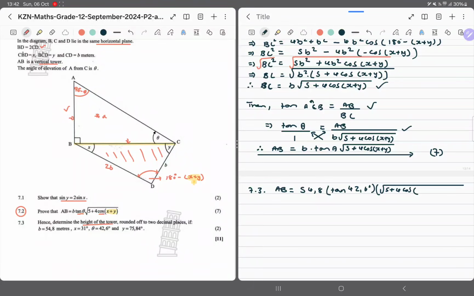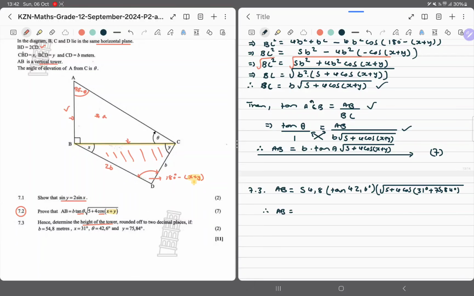Now x plus y, this is 31, or just 31. So this is 31 degrees plus y, 75,84 degrees. So there's a whole lot of substitutions, folks. Now you just need to punch it in the calculator and please write us a correct answer. So make sure the substitutions are careful.